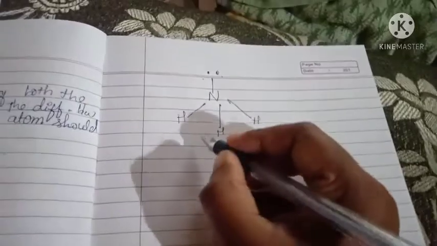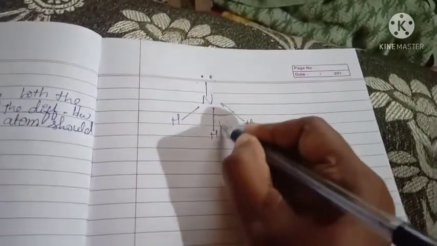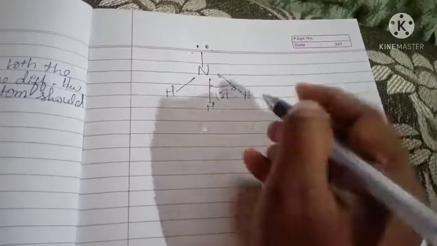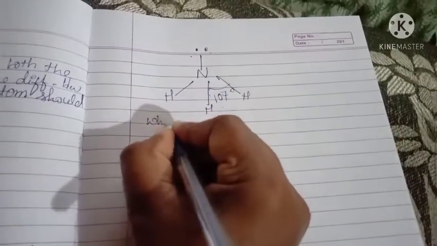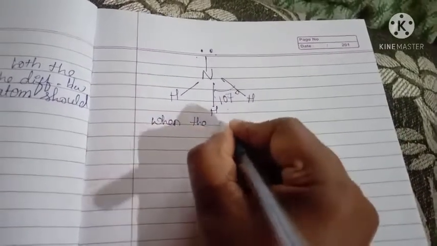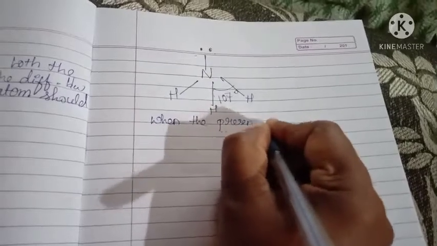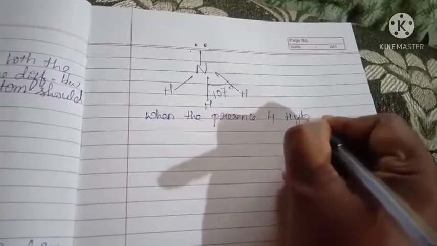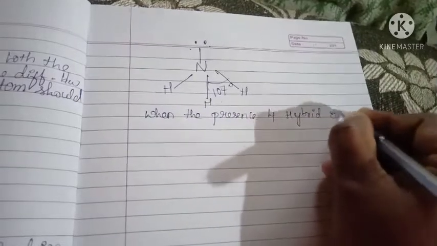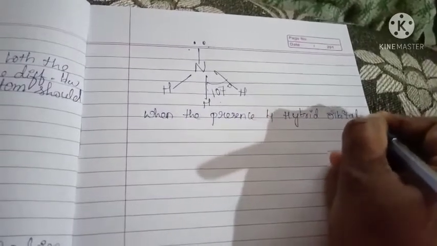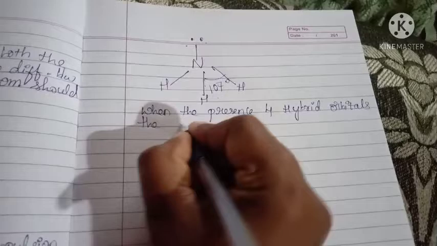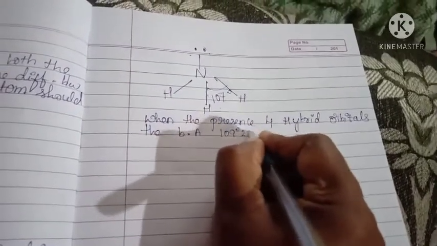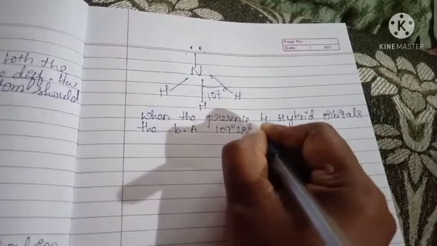The bond angle is 107 degrees, but with the presence of 4 hybrid orbitals, the bond angle should be 109 degrees 28 minutes.